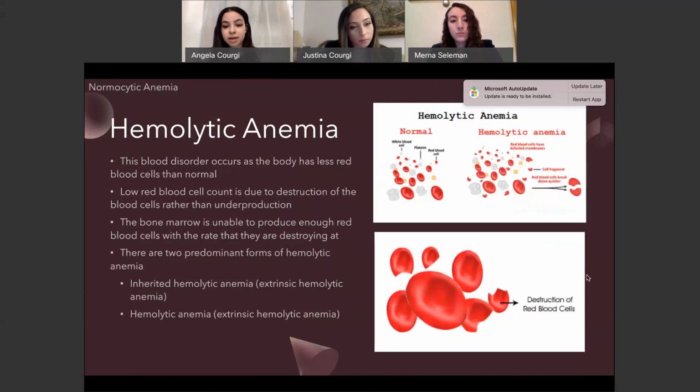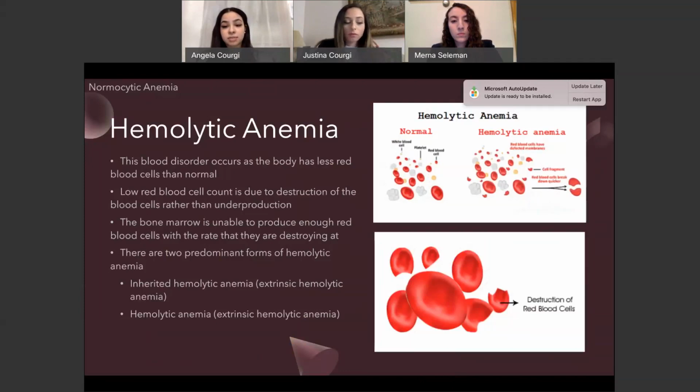The other subcategory is known as acquired hemolytic anemia, also known as extrinsic hemolytic anemia, which is caused by outside factors uncontrolled by the internal red blood cell, and people are not born with that condition. Examples include antibodies from immune disorders, burns, or medications.